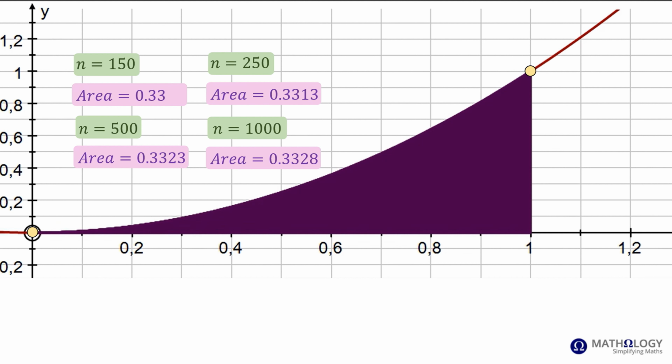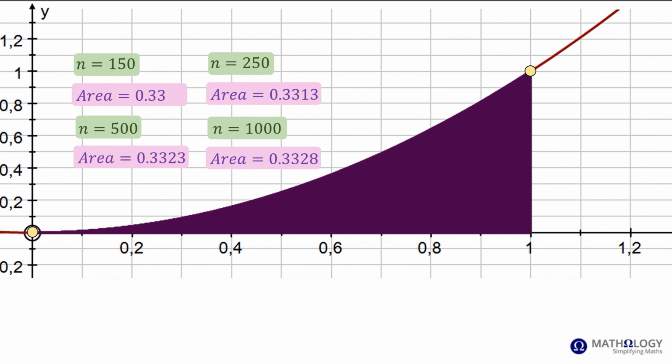So what this illustrates is as the number of rectangles increases, and we increase the rectangles to infinity, ad infinitum, we get a far better approximation of the area underneath the curve between those 2 points.